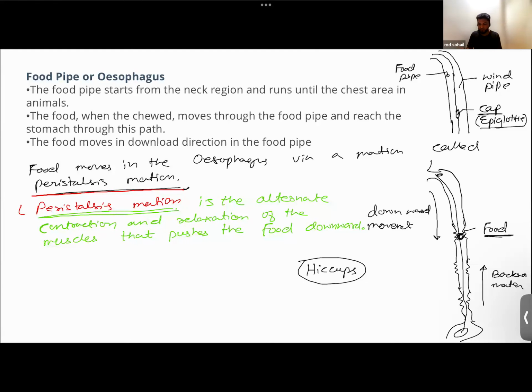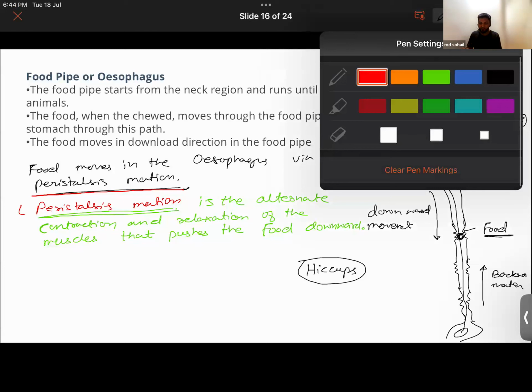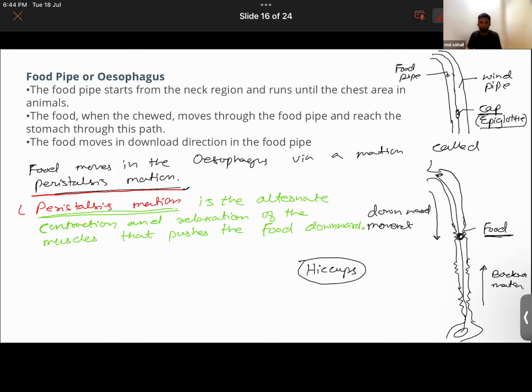Yeah, sure, I will explain again. Look, many times we experience hiccups. The windpipe that runs down from the nostril to our lungs is located adjacent to the food pipe. This is your windpipe, this is your food pipe, and in between the two there's a cap-like structure called epiglottis. It is acting as a cap between the two.